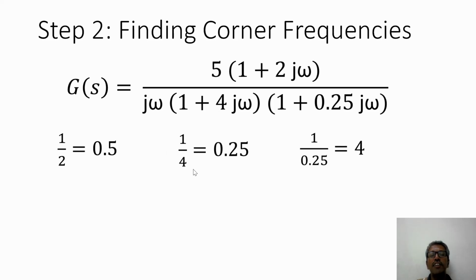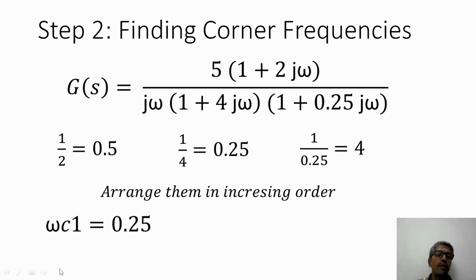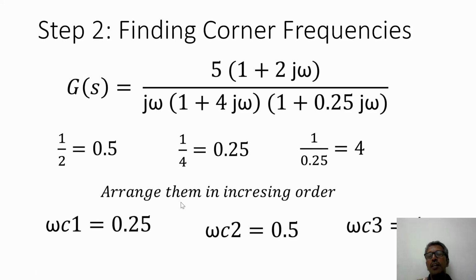In this, which one is smallest? 0.25 is the smallest, so that will be taken as the first corner frequency, omega C1. Next highest will be 0.5, that will be corner frequency 2. The third one will be 4. So omega C1, C2 and C3 should be in increasing order.